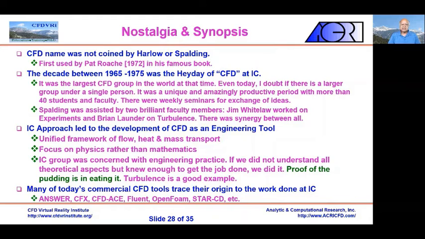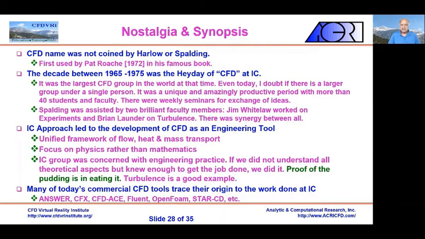It was the largest CFD group, about 40 researchers. Even today, I doubt there is a larger group under a single person. It was a very productive period, and we had weekly seminars. With 40 students and faculty, almost everybody's turn came once a year.